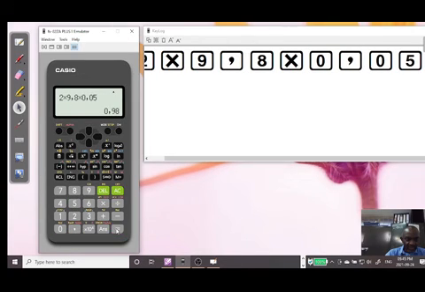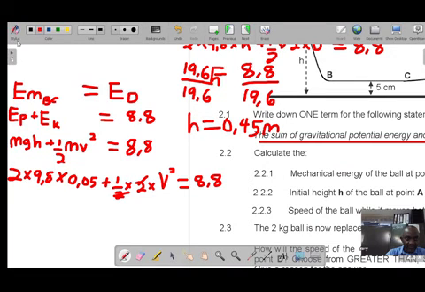What do we get? 0,98. Okay, so we get 0,98. Let's go back here. So that's 0,98 this side, guys, and then plus v squared, because the other one cancelled with the 2. Okay, so everything equals 8,8.